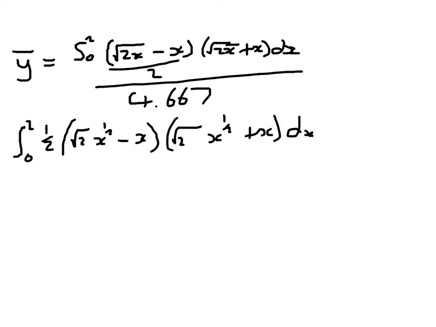And if we then start to multiply those out, we're going to get half root 2x to the half times root 2x to the half becomes root 2x, that root just being over the 2, minus x times plus x becomes minus x squared.